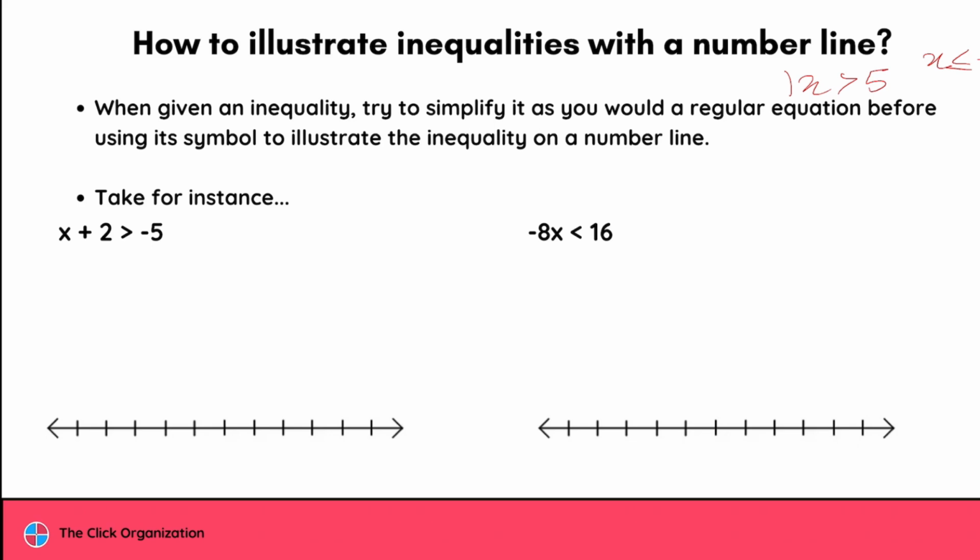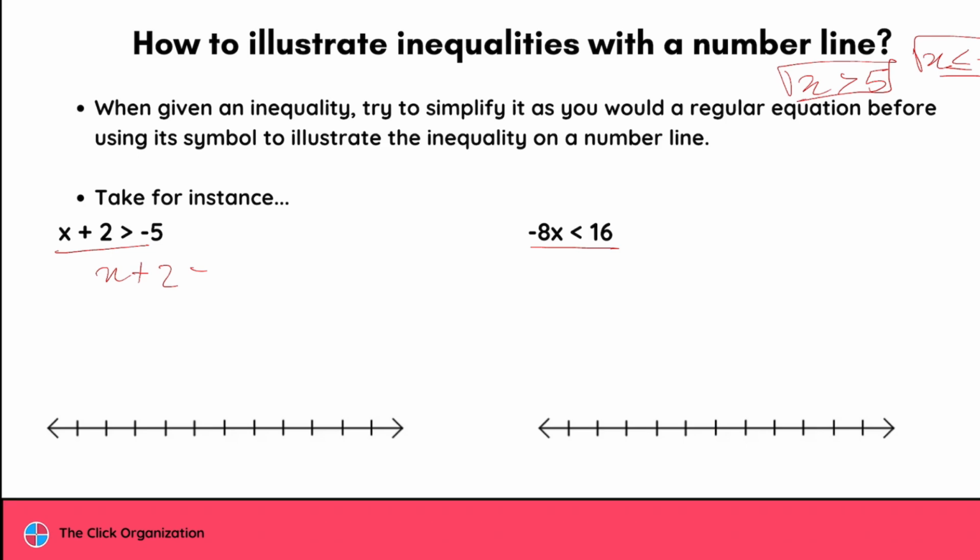Let's start with the first one. In our first one, we have x plus 2 is greater than -5. In this scenario, we first need to simplify this as we would our regular equations. We want to cancel out the 2 on this side of the equation and bring it to the other side.